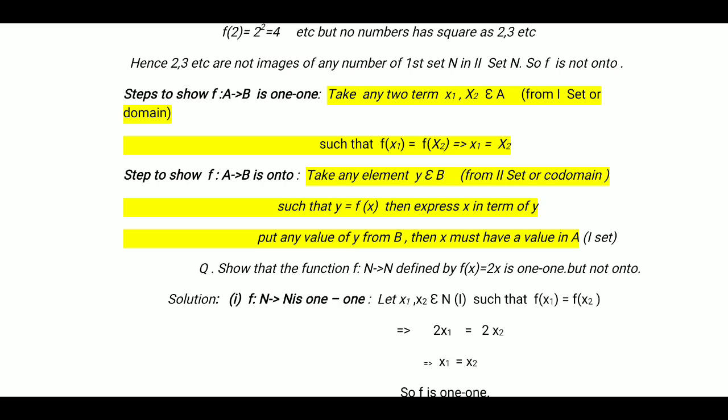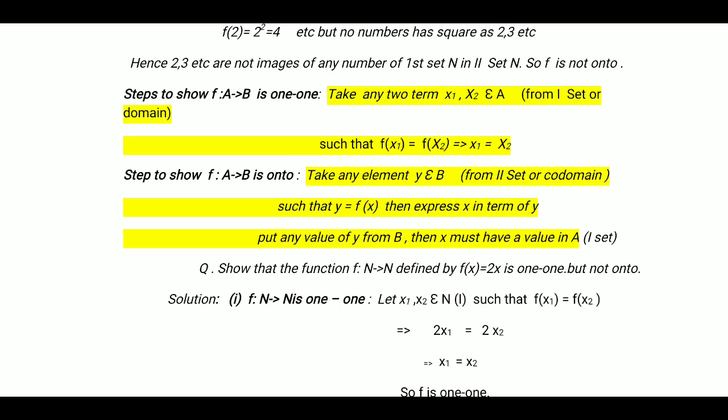Now the steps to show a function f from A to B is onto. That means you have to show an onto function. What will you do? You take any one element of set B, B means the second set. In case of 1-1 we take two elements of the first set, and in case of onto we take any element of the second set.